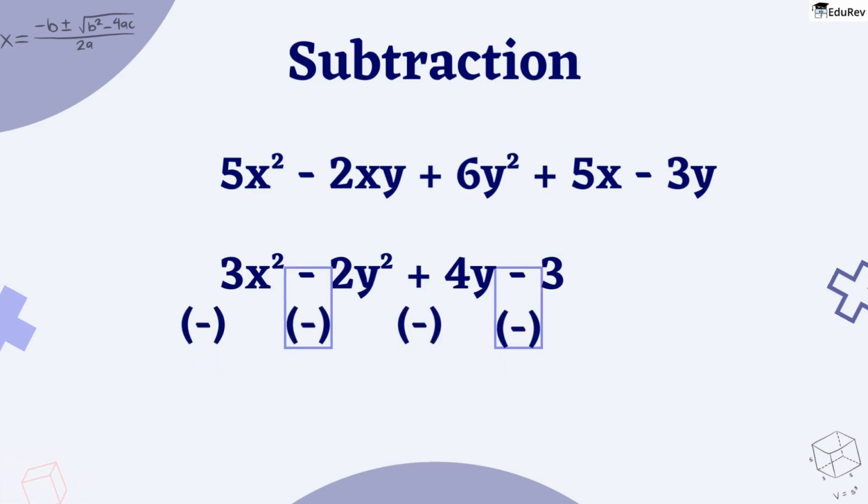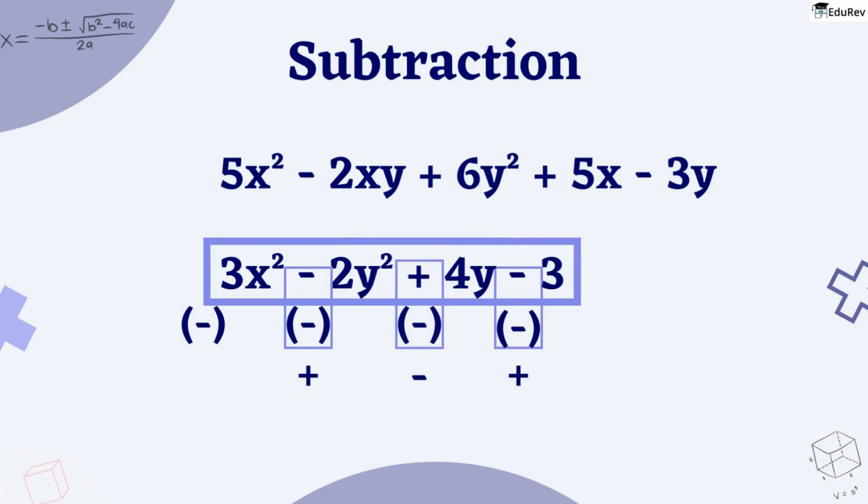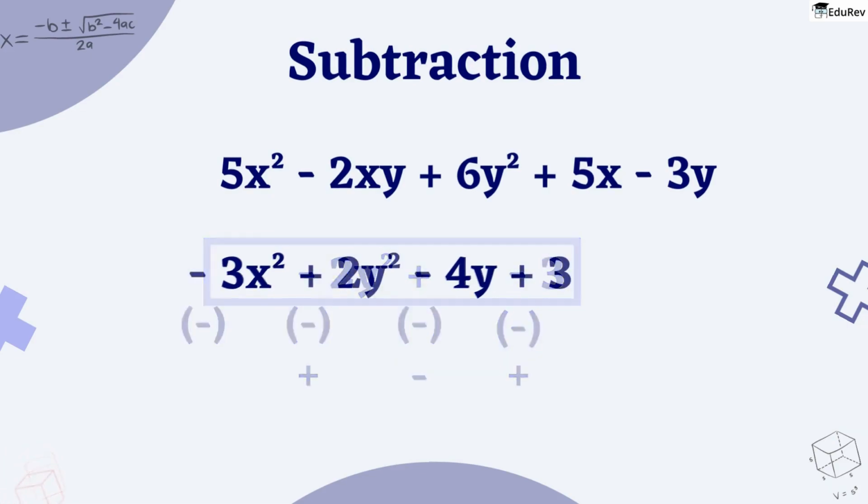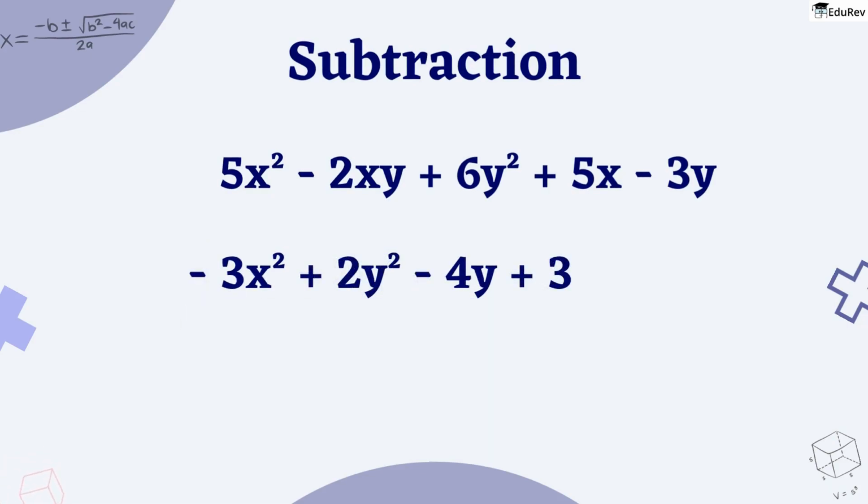Now we know that minus minus is plus and plus minus is minus, so the expression 3x² - 2y² + 4y - 3 becomes -3x² + 2y² - 4y + 3. The signs in the third row written below each term in the second row help us in knowing which operation has to be performed.